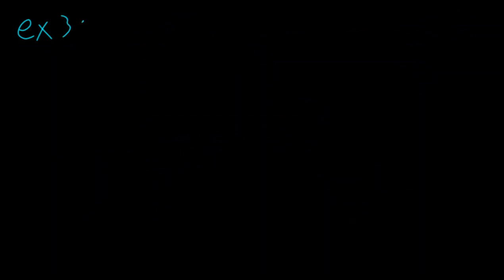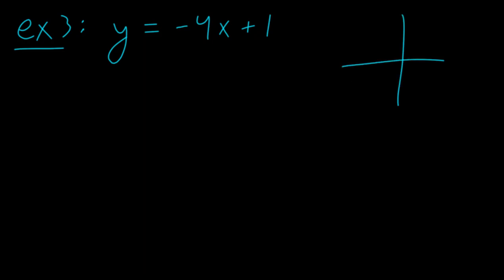Okay, example 3. Here we have y equals -4x plus 1. Now let's do our rough draft graph, and our y-intercept is positive, so ask yourself, is that going to be above or below the x-axis?